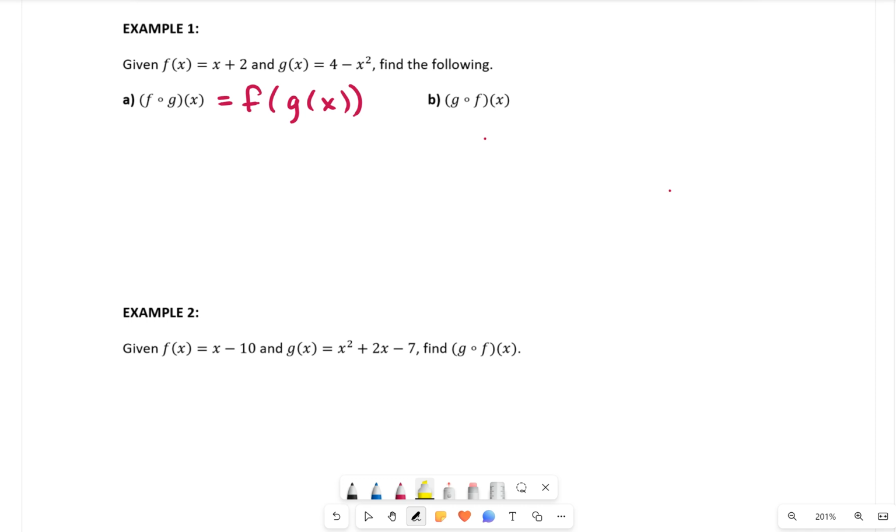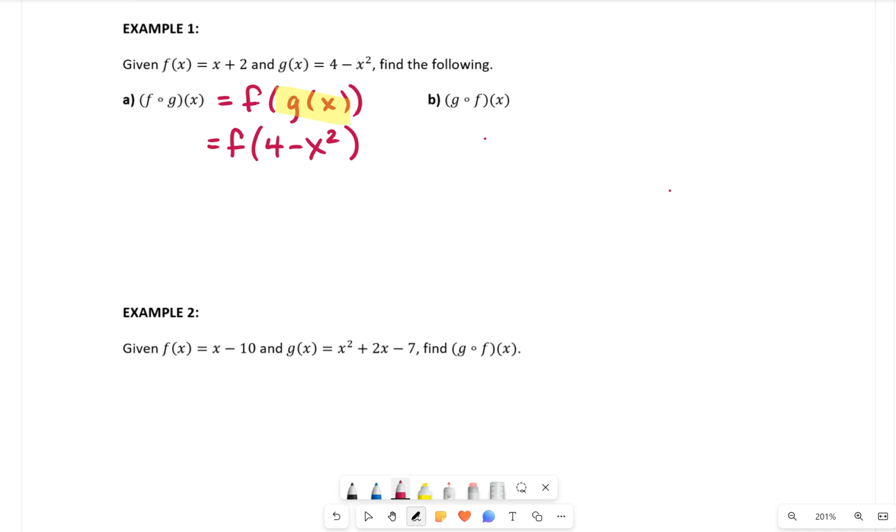As you learned in a previous unit, we always start with the innermost parentheses. The g of x, we substitute what g of x is, which is 4 minus x squared. So we bring down the equal sign, bring down the f, and replace g of x with 4 minus x to the second power.